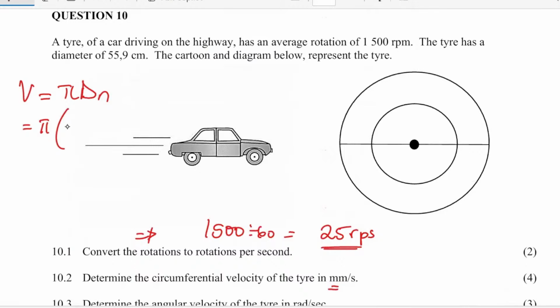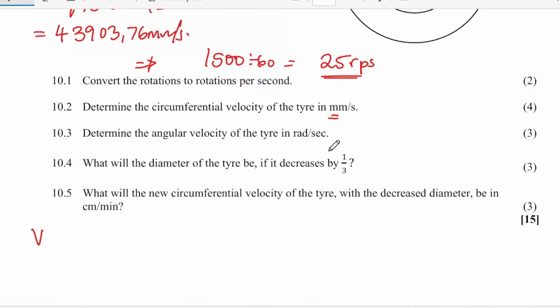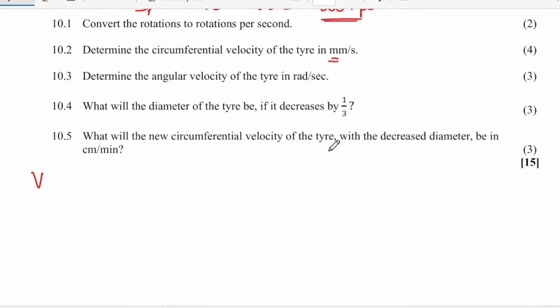So it's pi, our diameter is 55.9 centimeters, but we need to change this to millimeters, so we multiply by 10, and then multiply by the number of rotations per second, which is 25. So this becomes 13975 pi millimeters per second. We can give it as a decimal: 43903.76 millimeters per second.